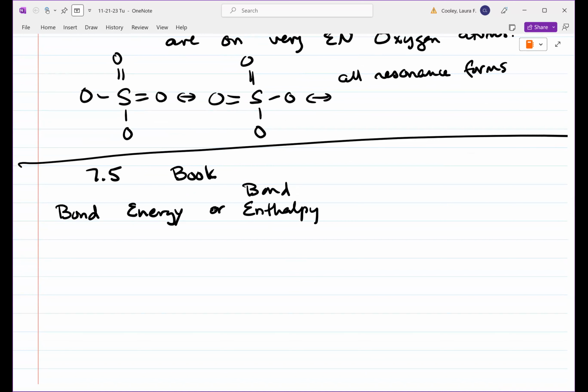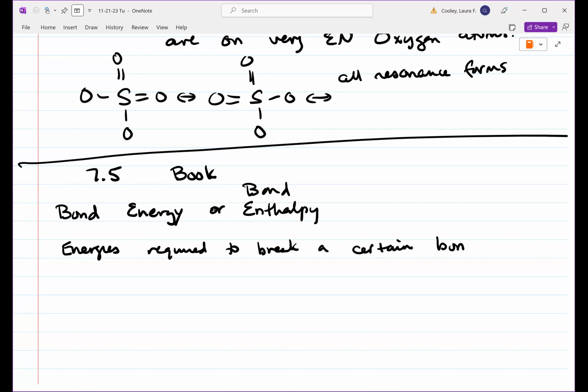I've been telling you all along that it requires energy to break bonds. In this section, they actually give you values for how much energy has to be supplied to break given bonds. So these are the energies required to break a certain bond.